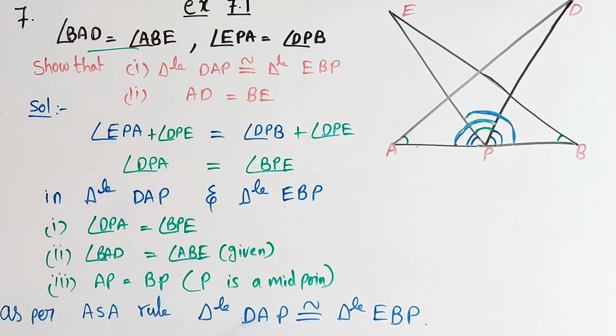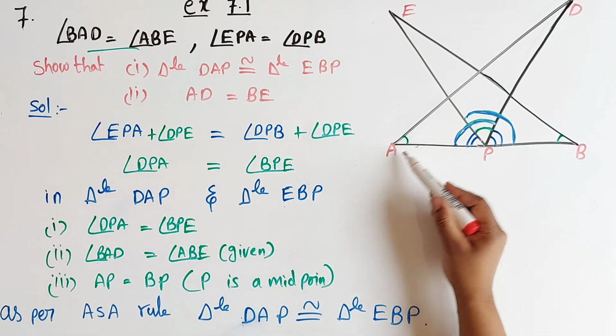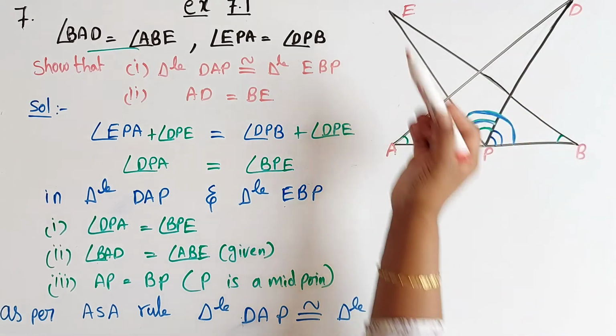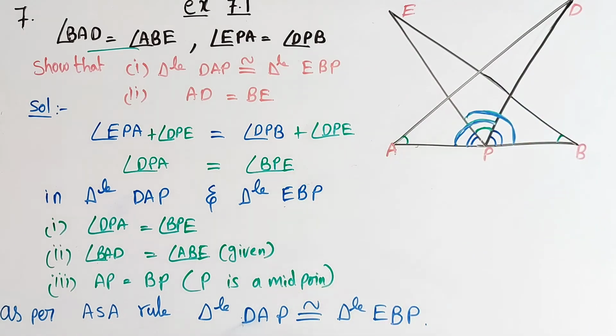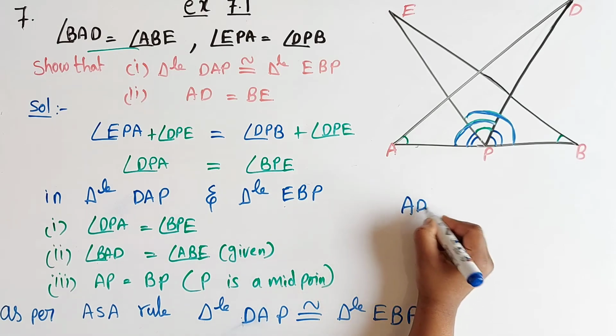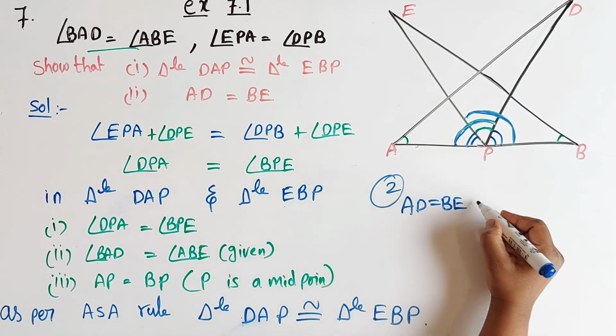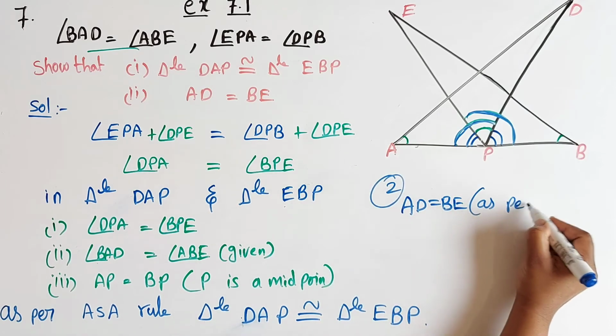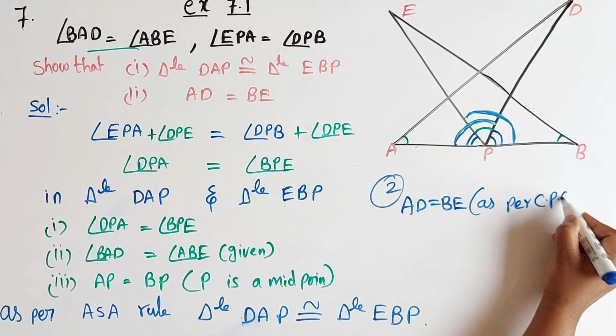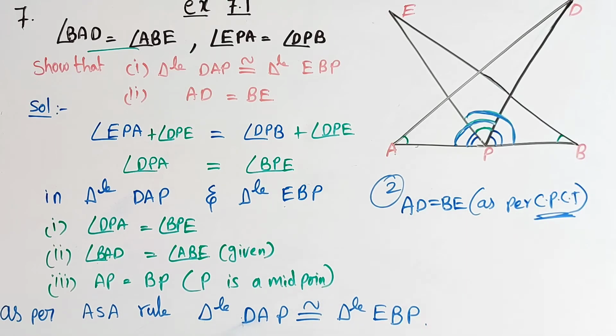AD equal to BE. We have to prove that AD equal to BE. Anyway, these two triangles are congruent, so we can easily say that AD equal to BE. This is the second one as per CPCT. You know what is CPCT? Corresponding parts of congruent triangles.